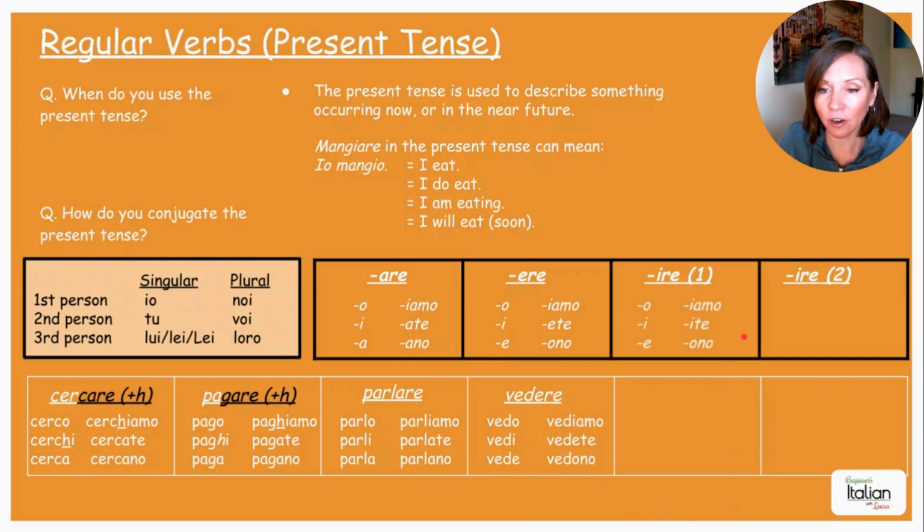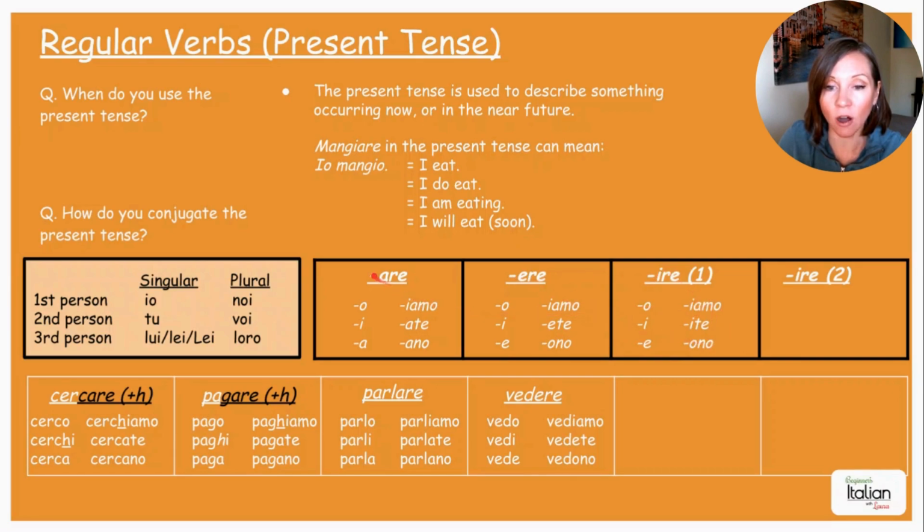In an IRE verb, now where do you see the differences? That's right. The only difference is in the ite. Ete, ite. Everything else is the same between the ERE and the IRE verbs.